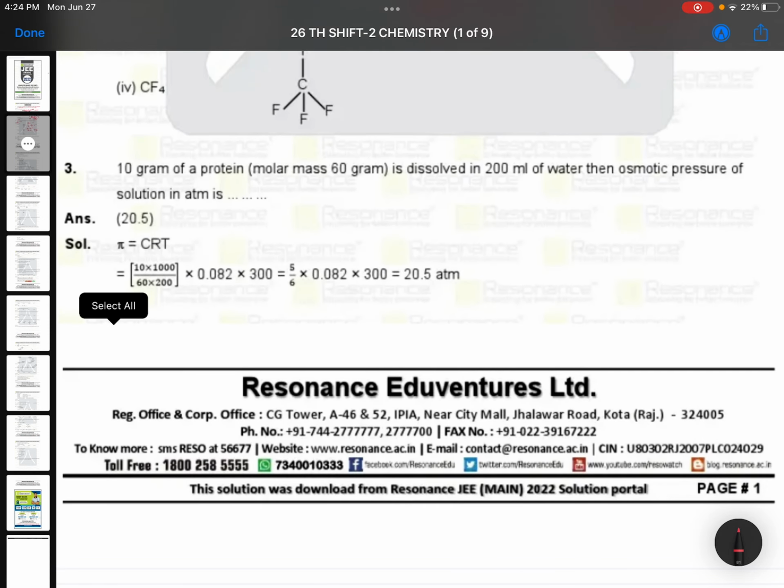10 grams of protein, molar mass 60 gram, dissolved in 200 ml of water, then what is the osmotic pressure of the solution? Pi is equal to CRT, a direct numerical. C is molarity, 10 by 60 into 1000 by 200, into 0.0821 into temperature.